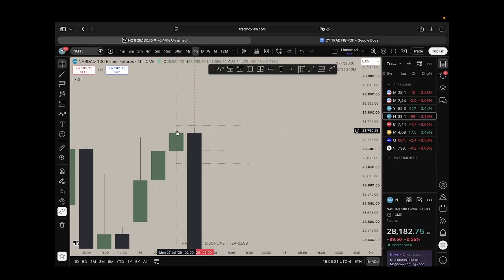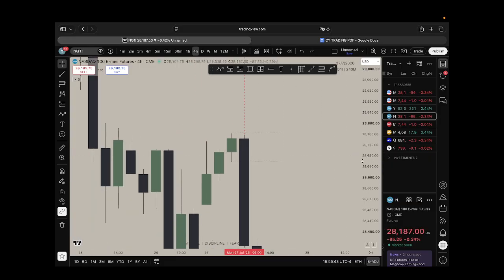And then the closing price is wherever the candle closes. So in this case scenario, we have a bullish candle. This is going to be the closing price right here, wherever the body closes, okay? And then that's where the next candle opens, at the closure of every single previous candle.